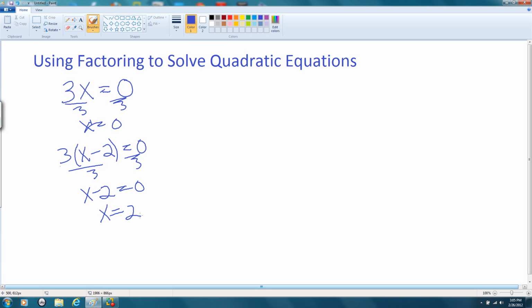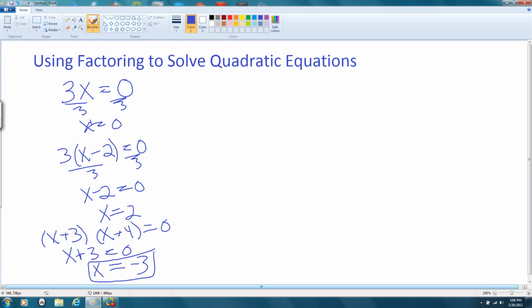Similarly, if we have something like x plus 3 times x plus 4 is equal to 0, we know that either x plus 3 is equal to 0. In solving that for x, subtracting 3 from both sides, we get x is negative 3.